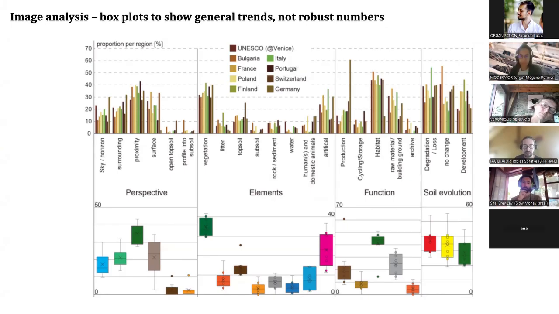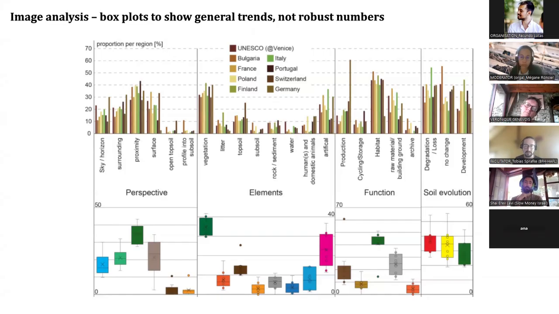This is the same here. And then the elements: soil is very often related to vegetation or to artificial construction, something where we build on or where vegetation grows, whereas the perspective to the subsoil again is very rare.